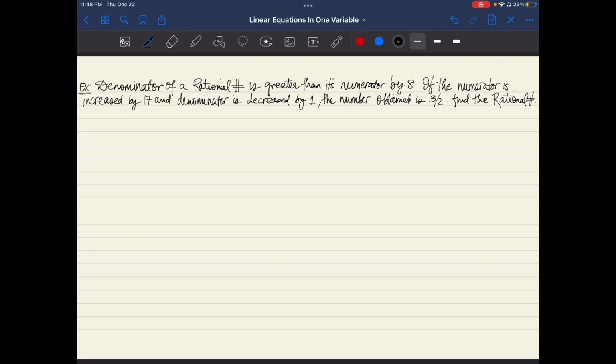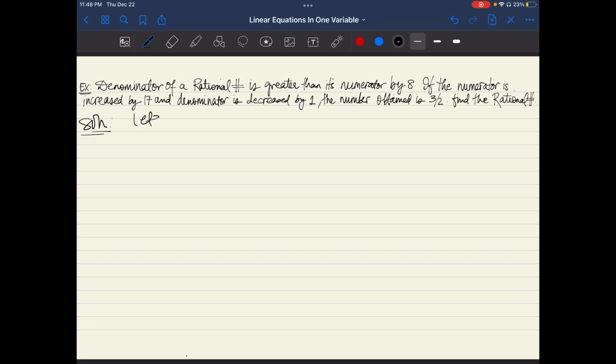We have denominator of a rational number is greater than its numerator by 8. If the numerator is increased by 17 and denominator is decreased by 1, the number obtained is 3 over 2. Find the rational number. So in this case, we have the denominator of a rational number is greater than its numerator by 8.